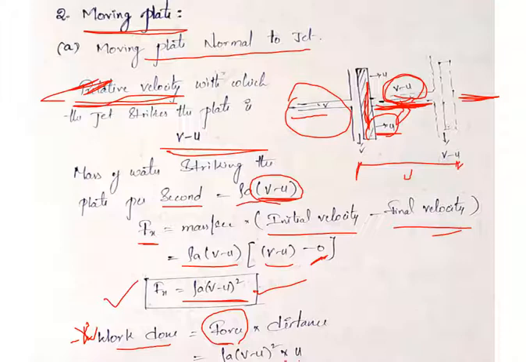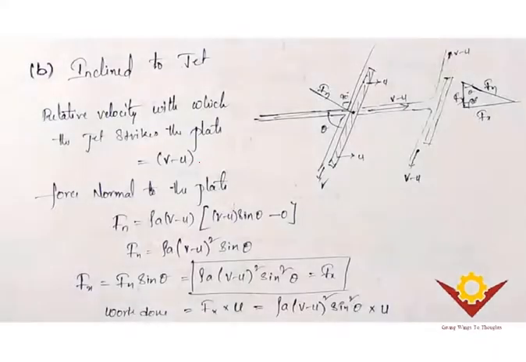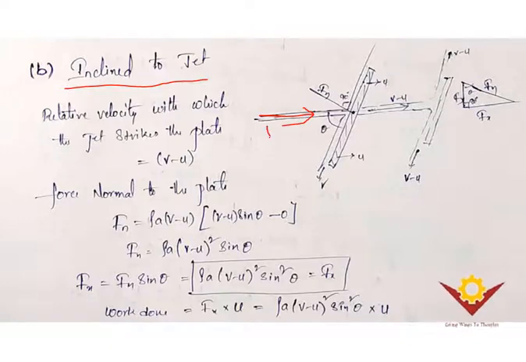And the next one, we'll see the next case, which is when the plate or blade is held inclined to the jet. This is the velocity v with which the jet is striking the plate, which is inclined at the angle theta.